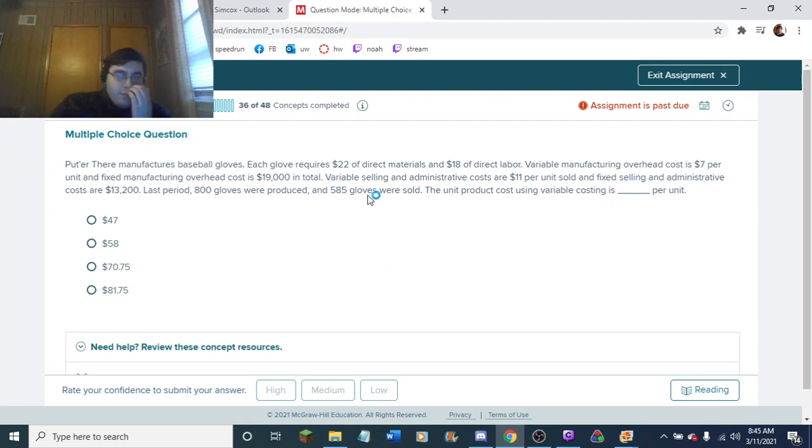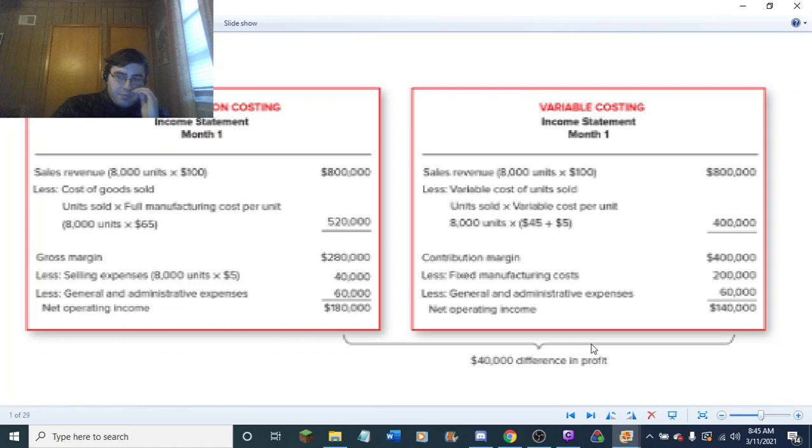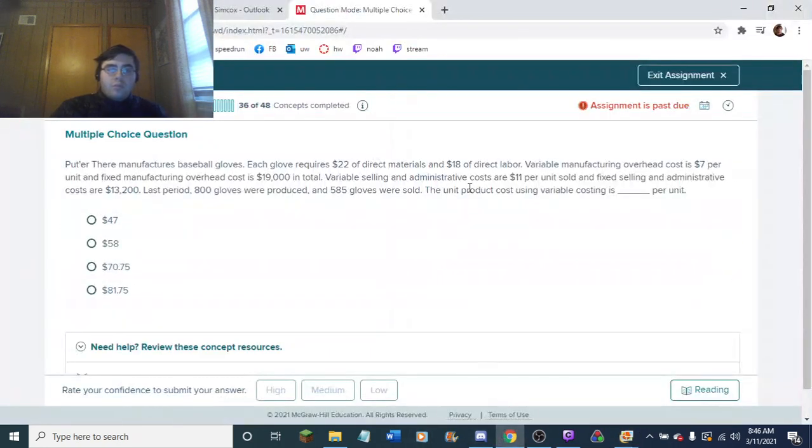Oh my goodness. Hold on a second. So do I have to add this, this, and this? No, they have the cost of goods sold here, the unit product cost.